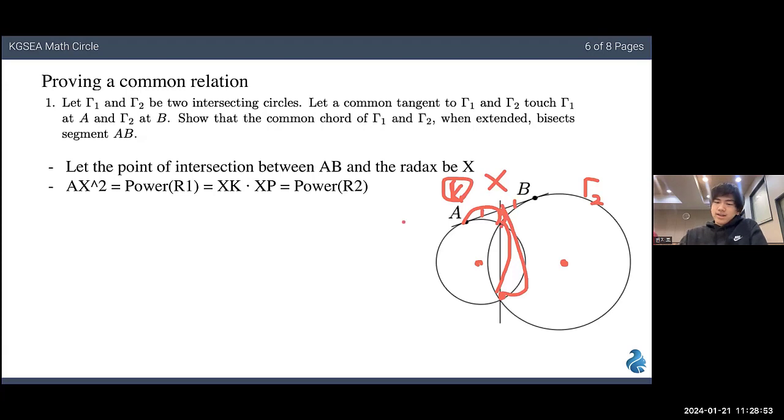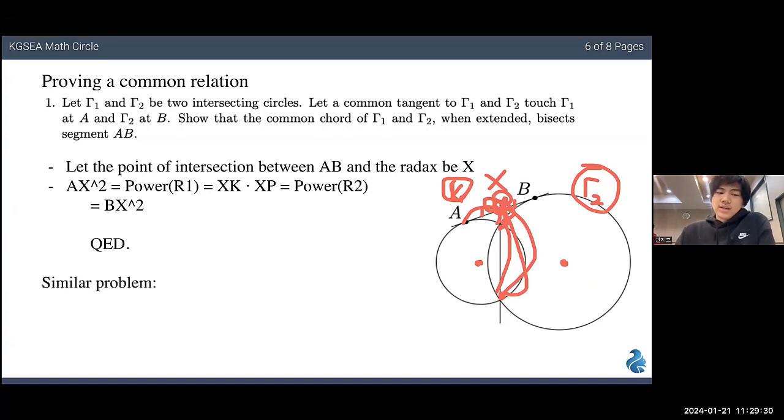And then it's going to be the same as the power of this circle as it is for point X, because this circle also intersects the extension of X at this times this. So it's just going to be the same as XB squared. So since AX squared is equal to BX squared, and they're both lengths on a Euclidean plane, AX is going to be equal to BX.